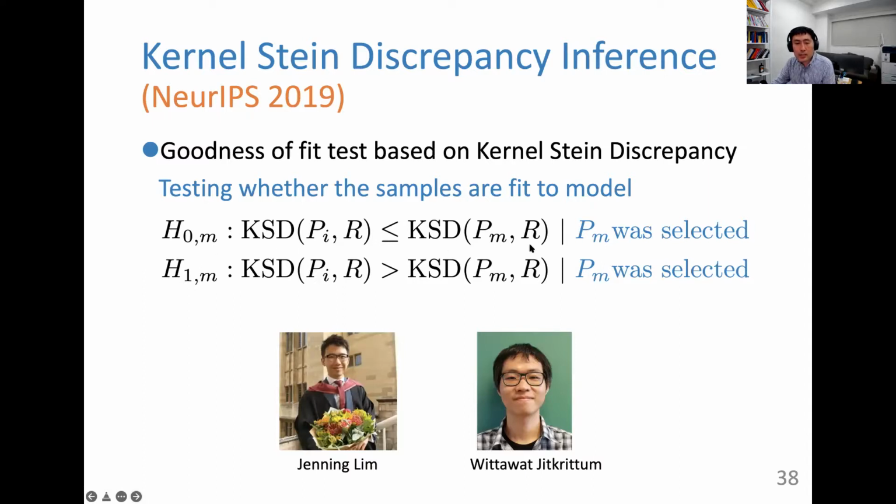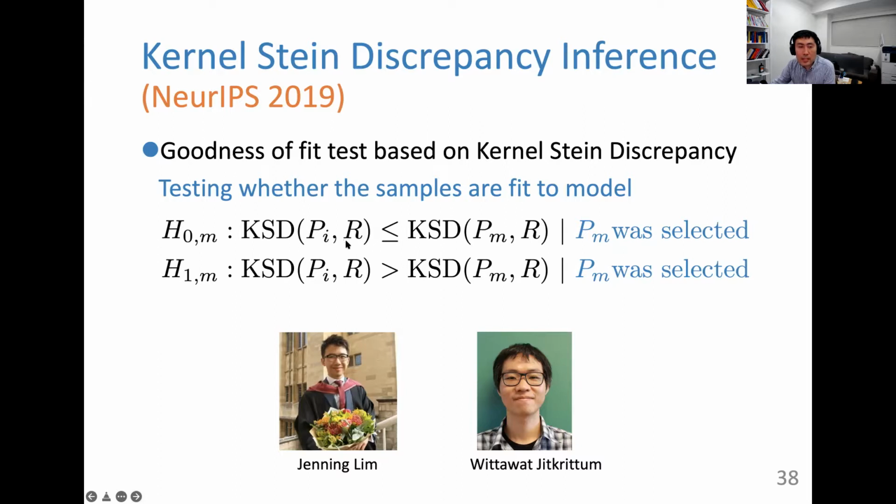Here we use comparison-based testing. This R is the distribution of the true data set. This PM is the selected model. So this testing means that we select the best model, and then we check whether another model is as good as the best model or not.